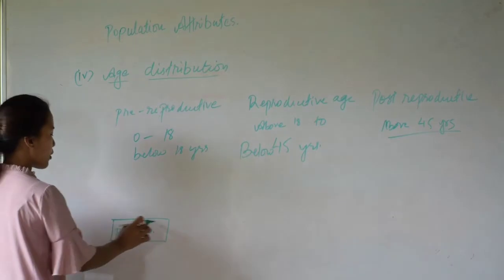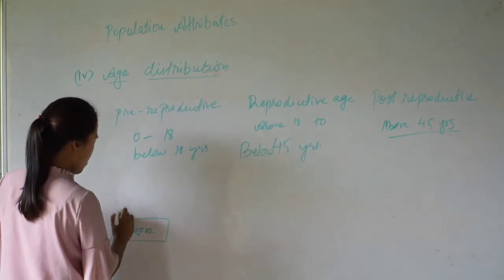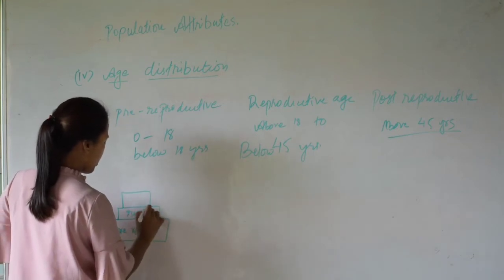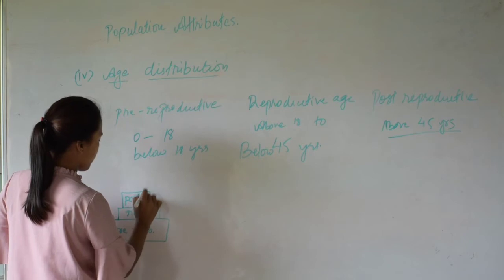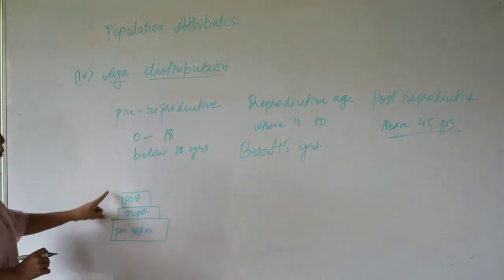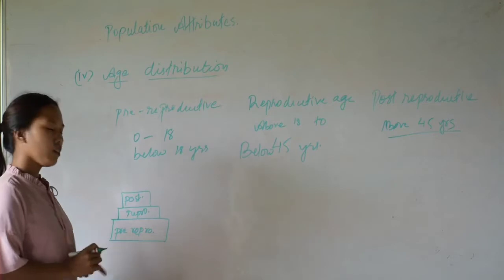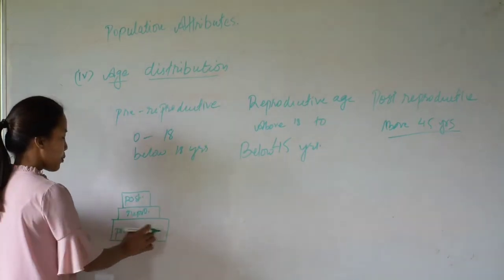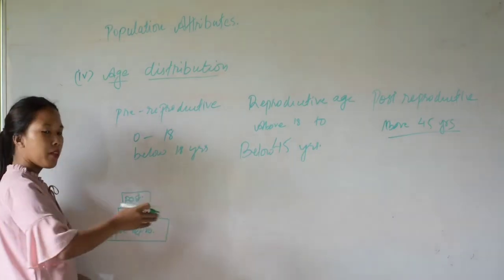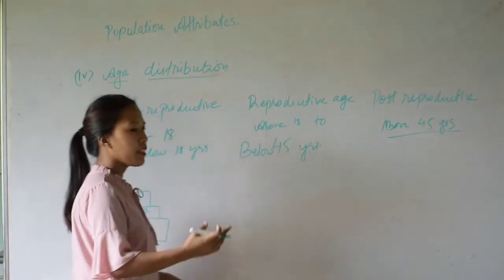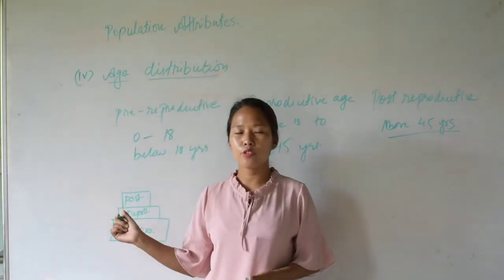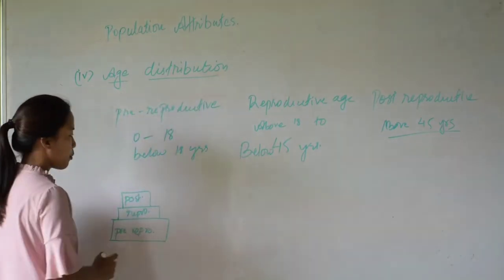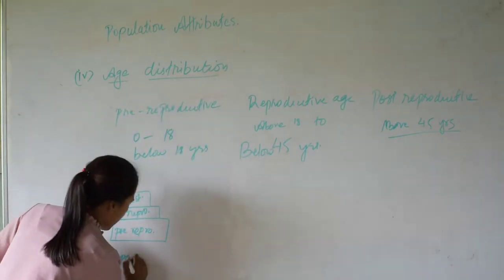If the number of the pre-reproductive age group is more than the reproductive and post-reproductive age group, then the population here will be what? Expanding. Why? Because when these pre-reproductive individuals mature and have the ability to reproduce, they will be able to reproduce more offspring. So in such cases, the population will be expanding.